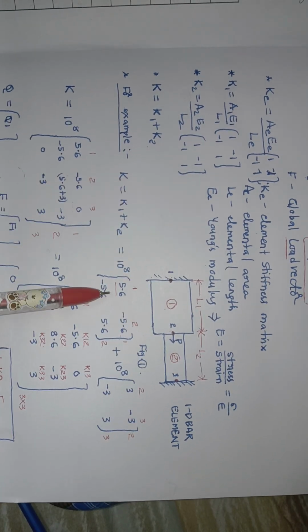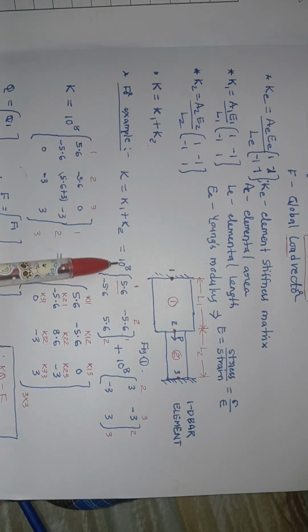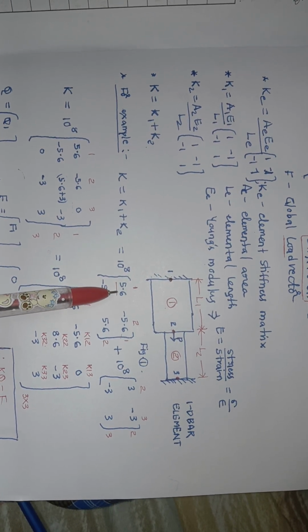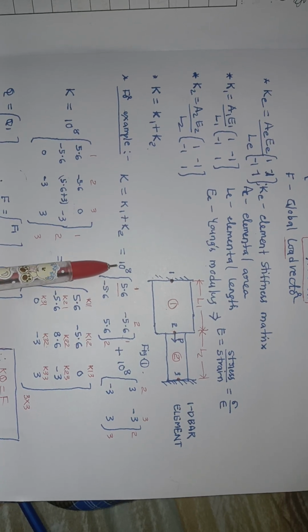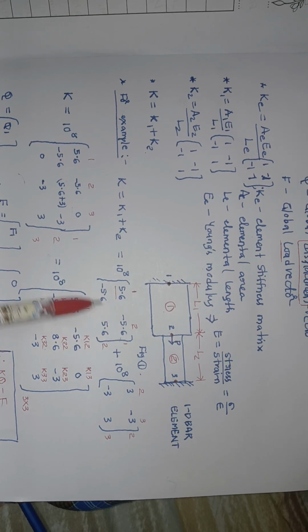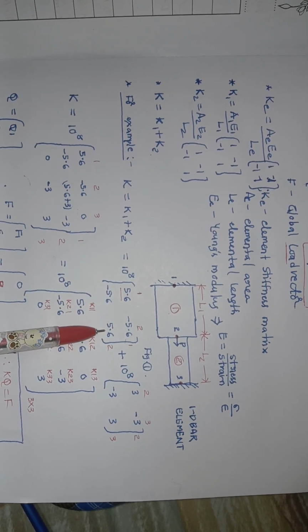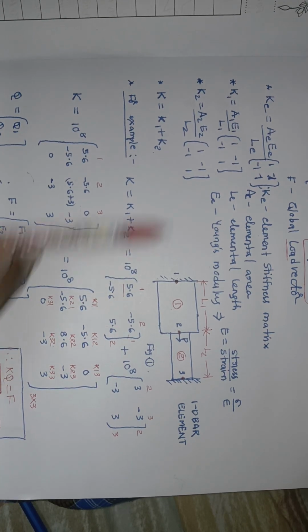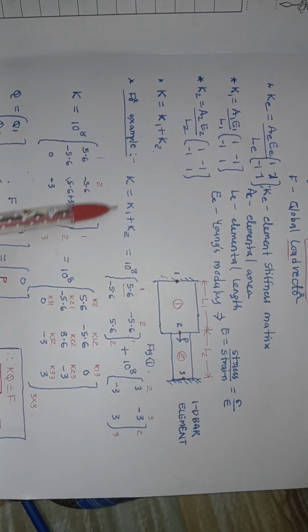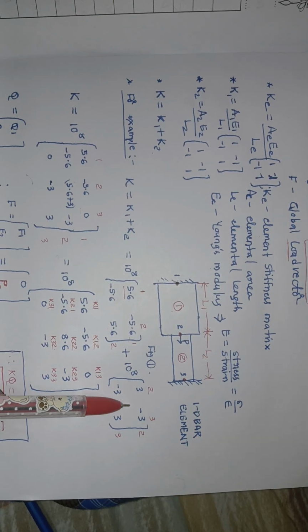Then you will get something like 10 power 8. Here you have to take out 10 power 8 or 10 power 6 like that, keeping the minimum values inside and taking the maximum value out. So then 10 power 8 times [5.6 -5.6; -5.6 5.6] like that. Similarly, you have to find the k2 value with this formula. This is k1 and this is k2.